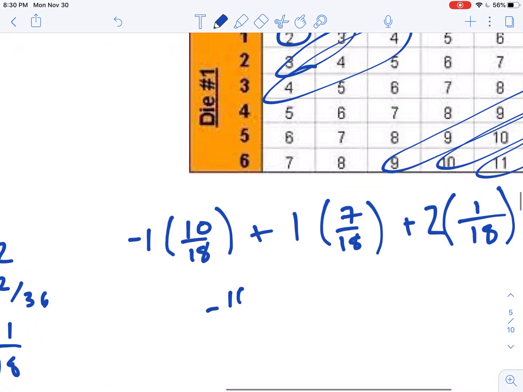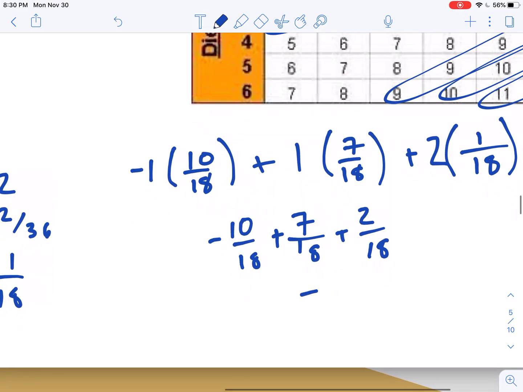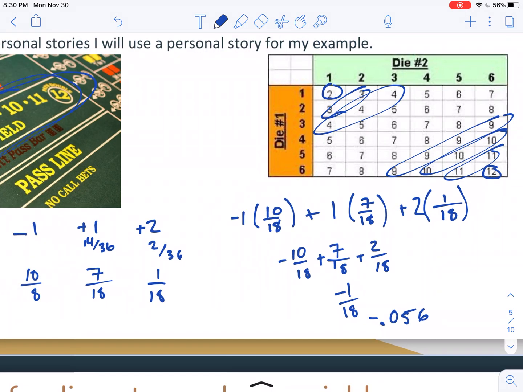So I've got negative 10/18 plus 7/18 plus 2/18. So this is negative 1/18, which is about negative 0.056. And that expected outcome means that I'm losing. So if I bet $1, I should expect to lose about 5 cents.